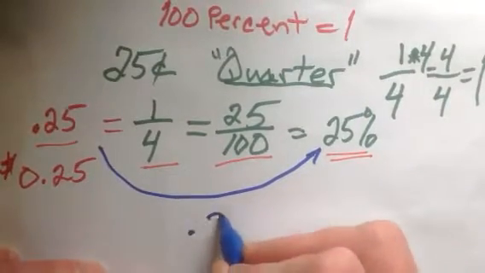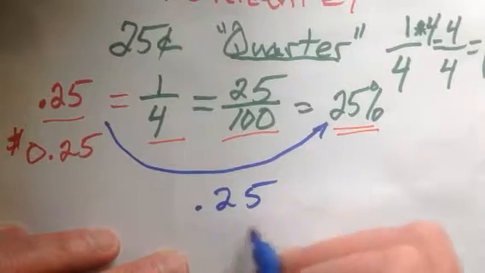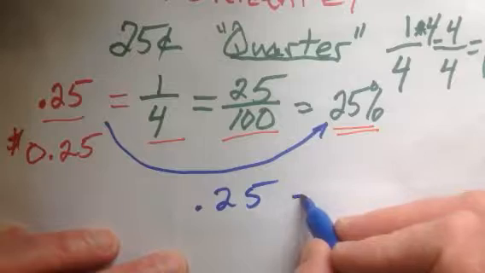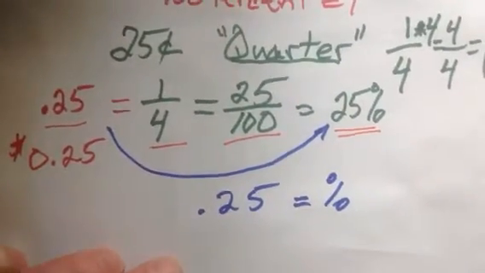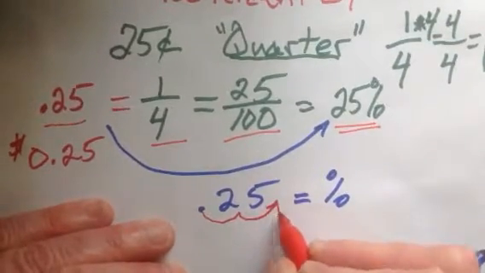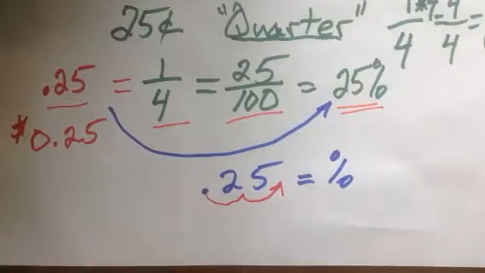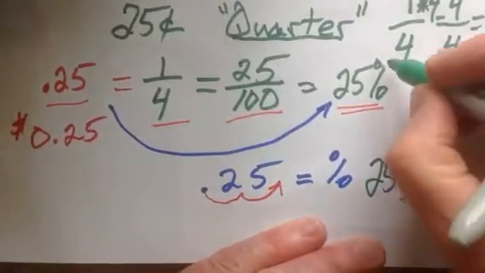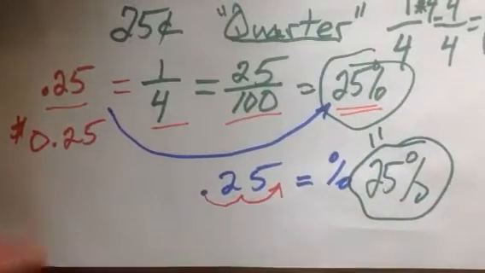So if you have 0.25, if you start with that decimal, in order to get to a percent, all we do is move that little decimal point over 2 places in this direction, and we get what we had up there, which is 25%. Right? And the same going the other way.